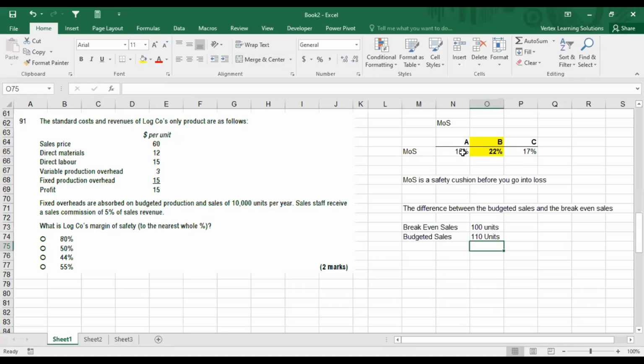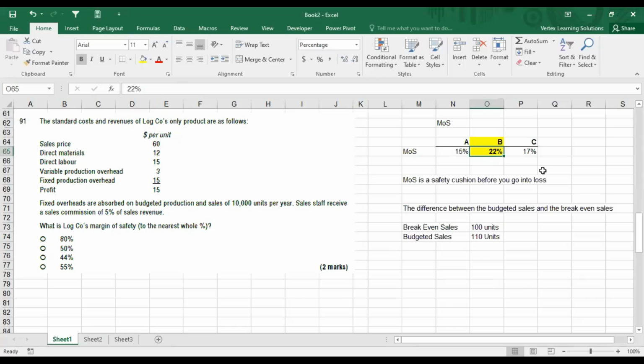When I see that my margin of safety is 22%, I am sitting relaxed. The sales team comes in and says, we are not meeting the targets. We might not be able to achieve the budget. I say, okay, what is going to happen with sales? By what percentage are you going to fall short?